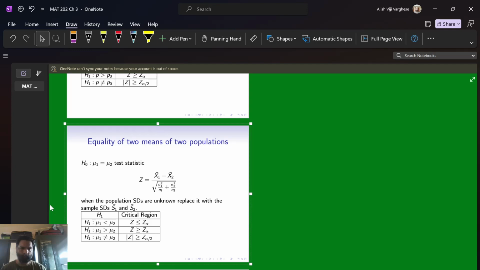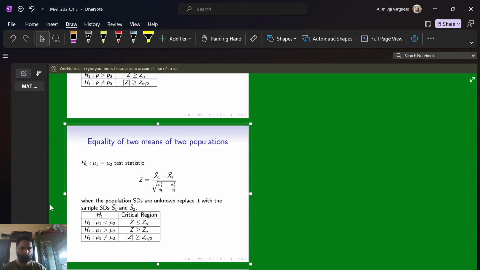If the population is a large one, we compare them using the average marks obtained from two samples. The sample sizes collected from population 1 and population 2 may not be of the same size. They are of size n1 and n2, and the population variances are sigma 1 square and sigma 2 square. They need not be the same. And we are checking whether those two populations have the same mean or not, in other terms, whether mu1 is equal to mu2 or not.